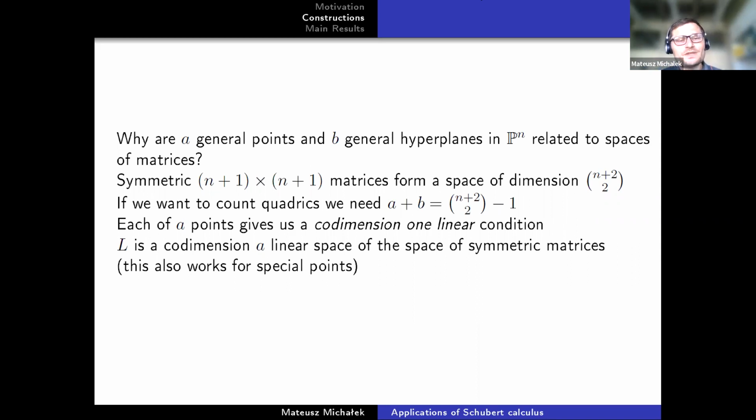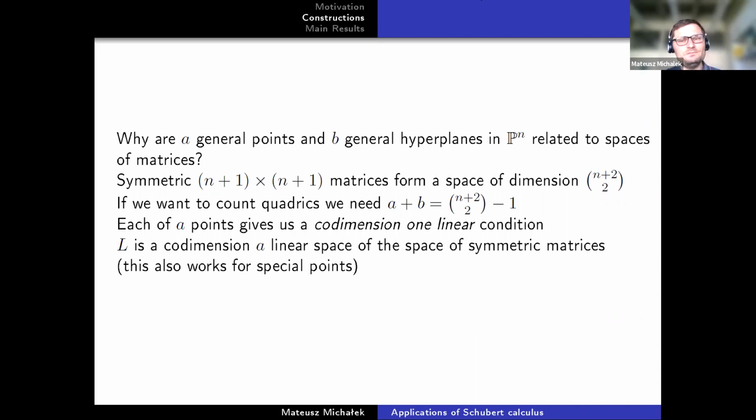Now every single condition, either passing through a point or being tangent to a hyperplane, decreases the dimension of the space of symmetric matrices. In other words, unless a plus b is equal to n+2 choose 2 minus 1, we will not get a finite number.